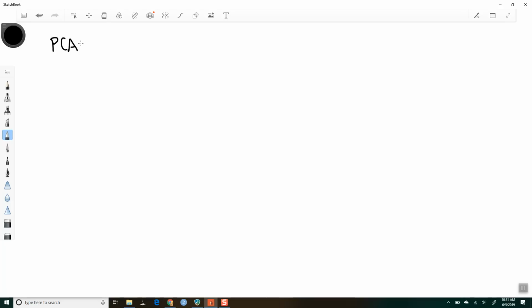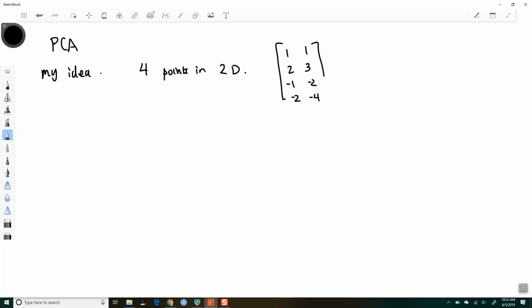This is what I'm thinking, okay? This is my idea, but I have to kind of test this out to see if this is viable, okay? Like I'll give you maybe like 4 points in 2D. Okay. And then, I don't know, what will these be? 1, 1, and 2, 3, and -1, -2, and -2, -4, or something like that, okay?